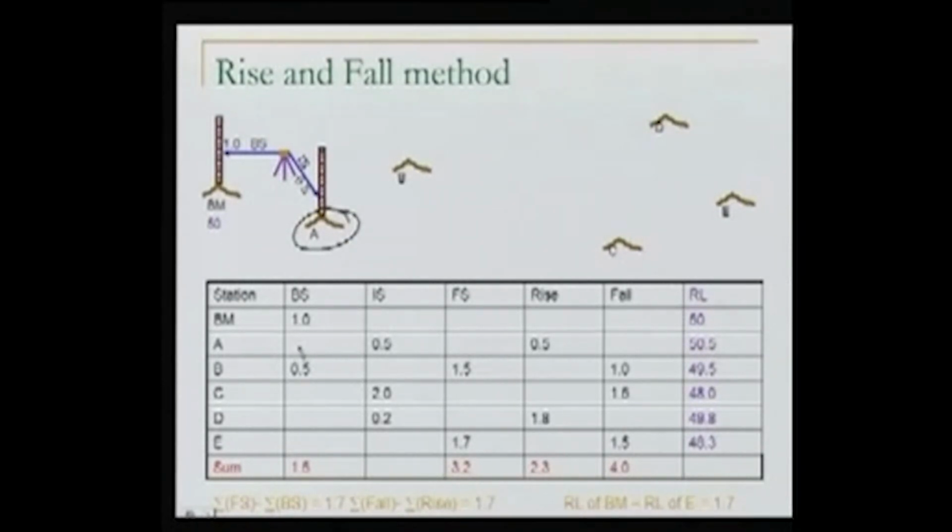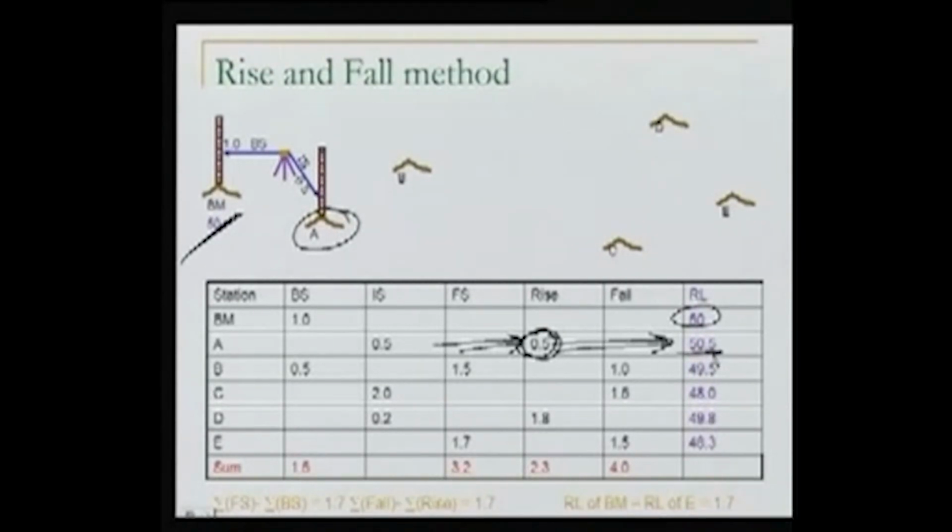So A has a rise of 0.5. Next, I know the RL of the benchmark, and I know that A is rising up from the benchmark by 0.5, so I can compute the RL of A also, which will be 50 plus 0.5, so this is 50.5.